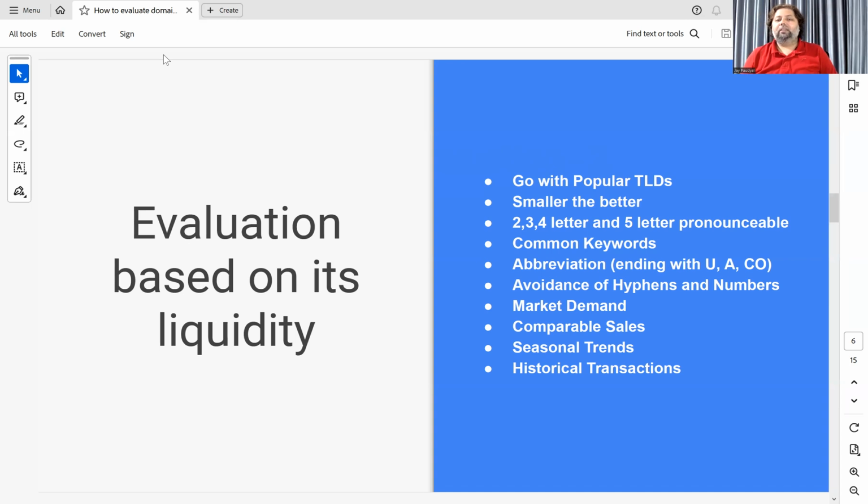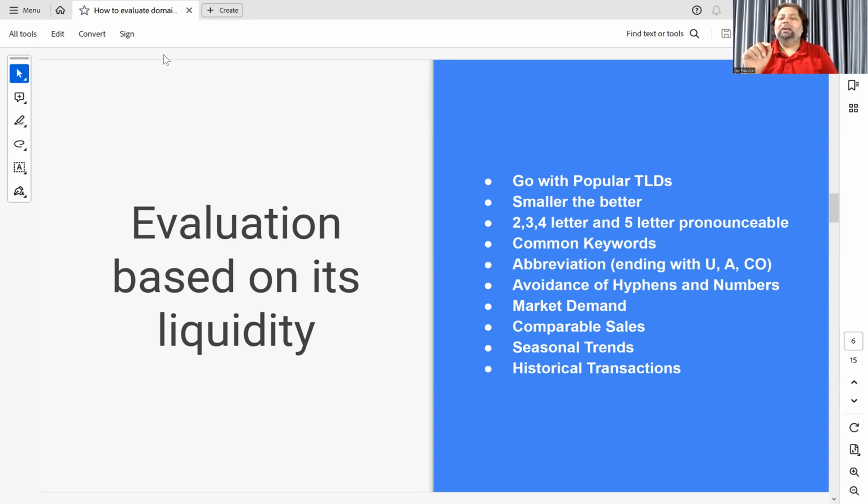Like abbreviation domains, like BTC. BTC is Bitcoin. Like BKP.com, or .co.uk, anything. And any domain ending with U, A or CO. What is JMU?